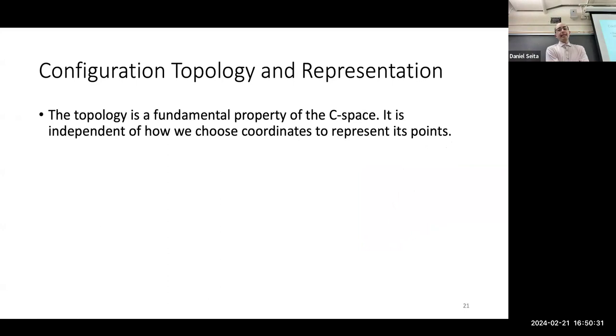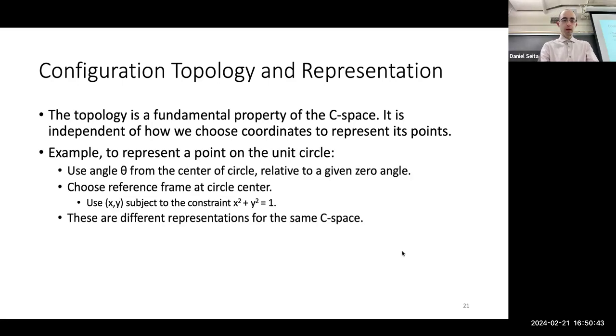So we talk about the topology, which is the fundamental property of this configuration space. So it's independent of how we choose coordinates to represent those points. To represent points on the unit circle, you could choose to specify an angle theta from the center of the circle relative to a given zero angle. If you choose that, you are representing this with one number, the angle.